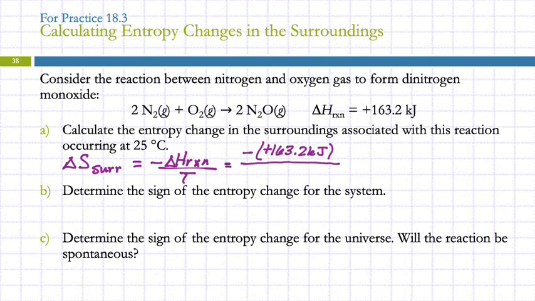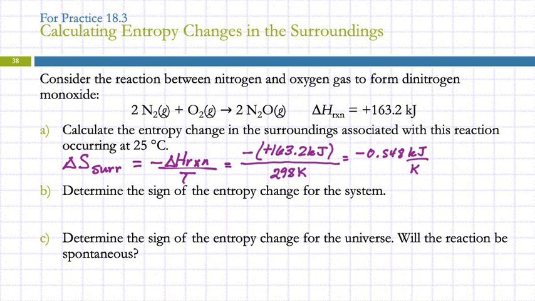And what unit do we need for the temperature? We need to have it in Kelvin. So 25 plus 273 is 298 Kelvin. So negative 163.2 divided by 298 gives us negative 0.548 kilojoules per Kelvin.